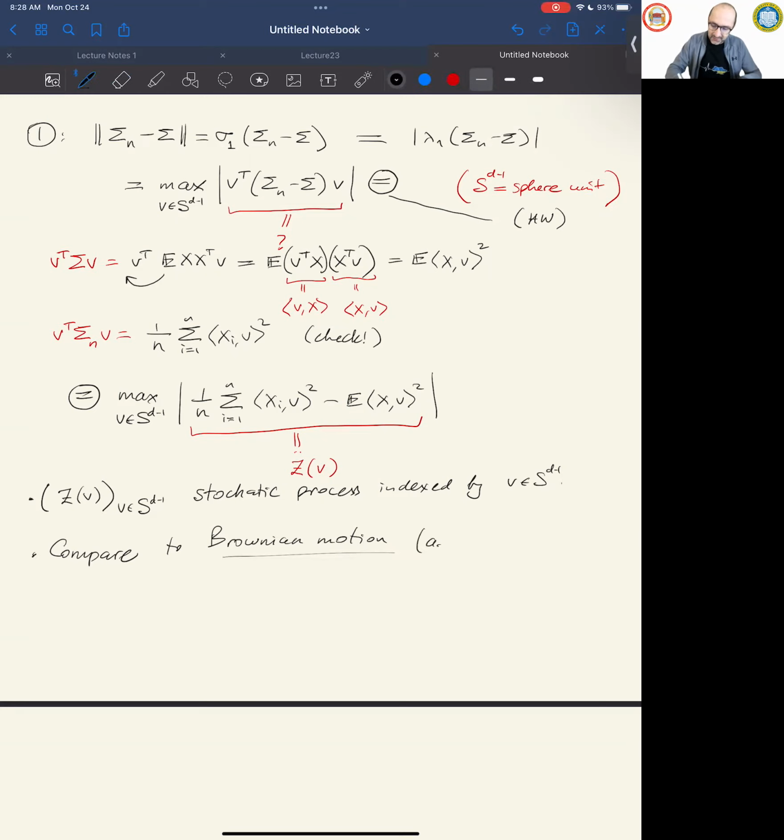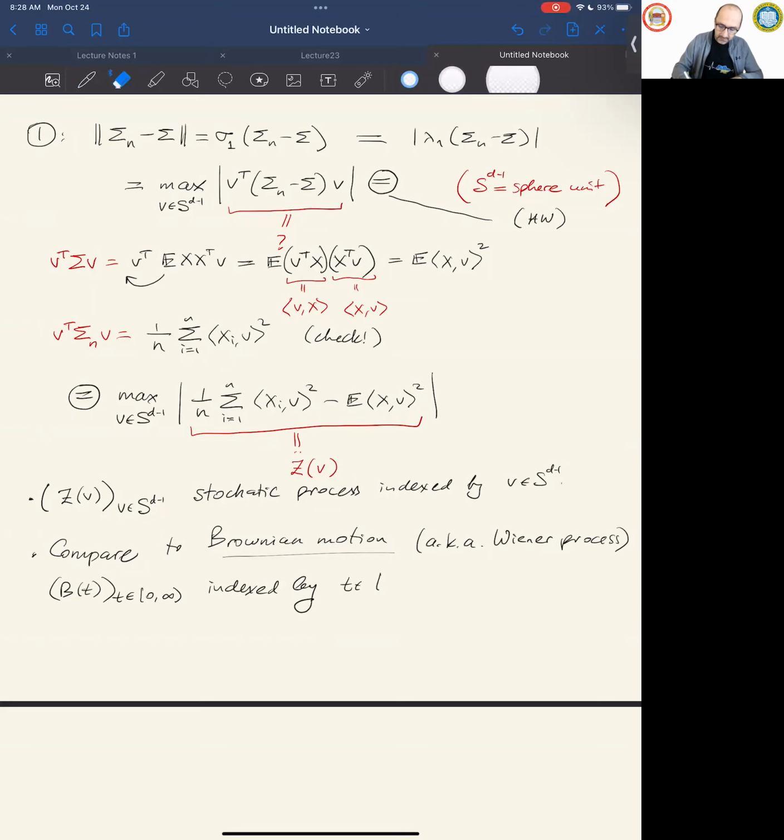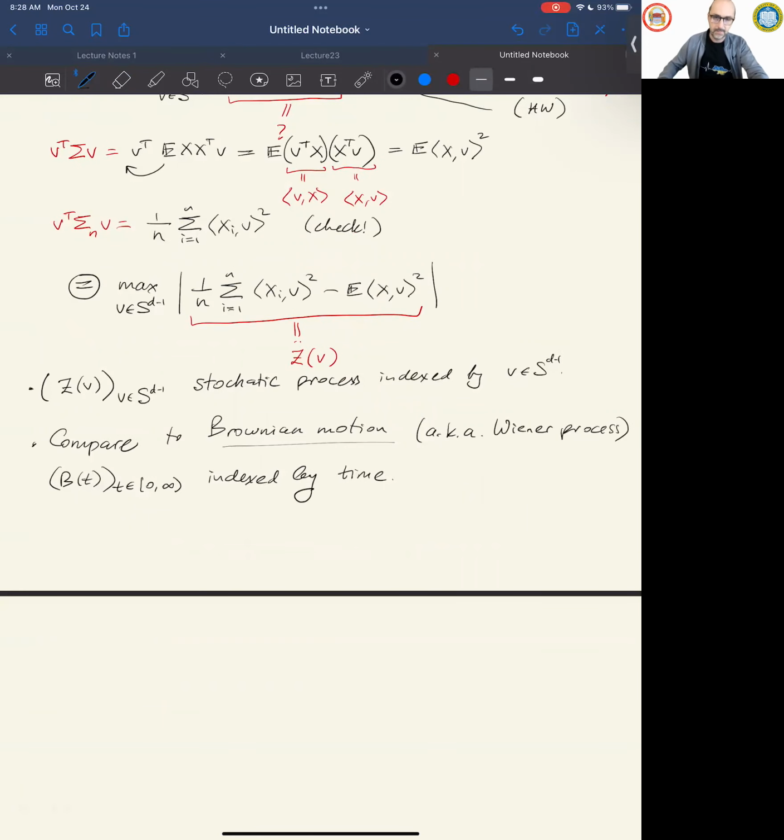It is also known, more formally, as the Wiener process, which is indexed by time, B of t, from 0 to infinity. Have you heard of Brownian motion as a mathematical concept? It's an infinitesimal limit of a simple random walk.